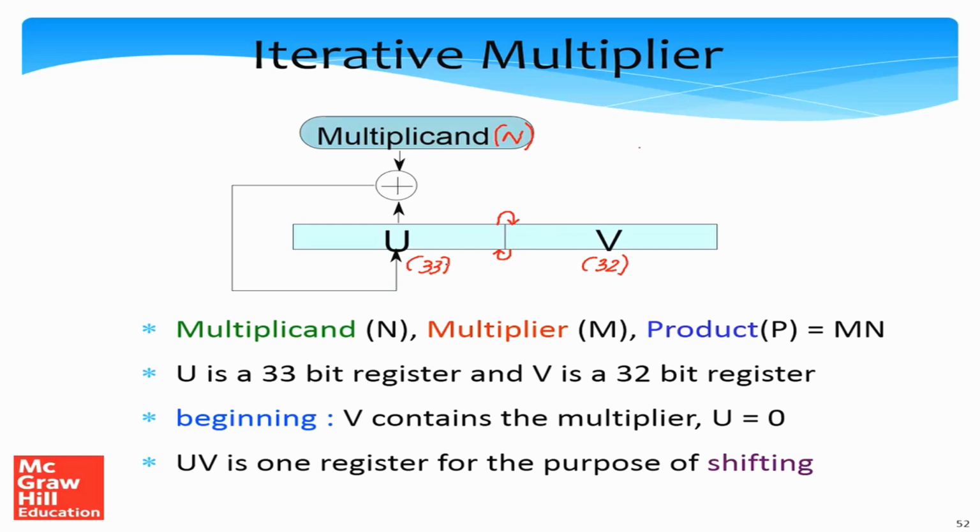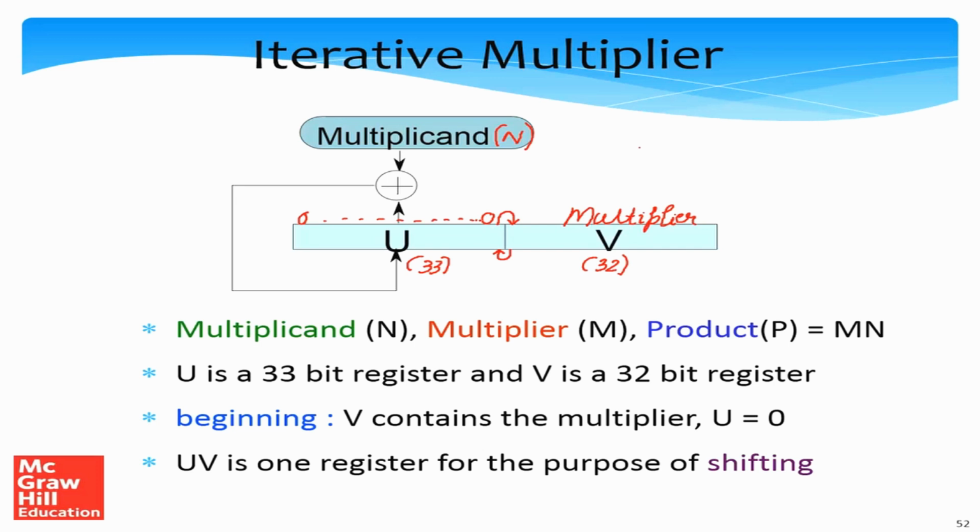When we start the algorithm, we load the multiplicand into the register n, and we load the multiplier into V. So we start with the multiplier, and register U will contain all zeros.